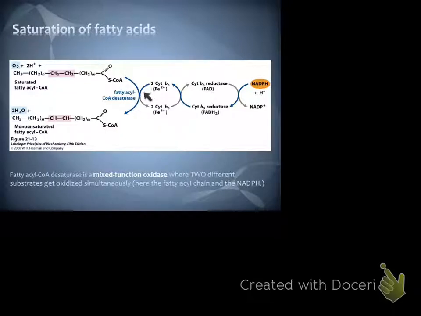Okay, so that way it becomes iron 3+, and you regenerate that at the expense of an FADH2 becoming an FAD, and then you regenerate the FAD by using up an NADPH. So that's why at any one time here we're oxidizing the saturated fat as well as the NADPH.